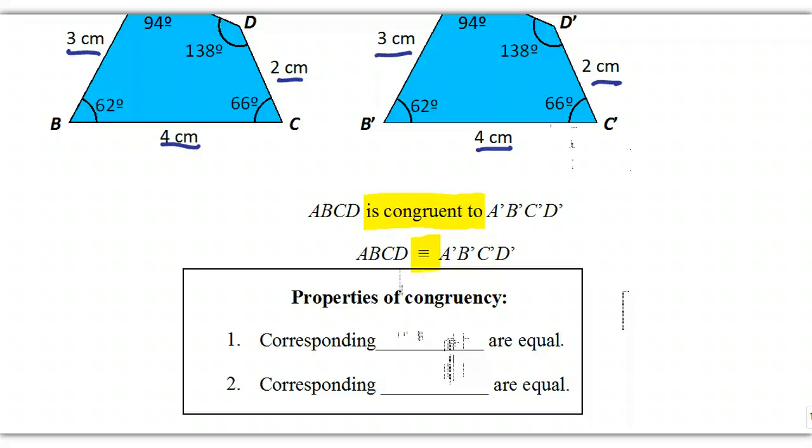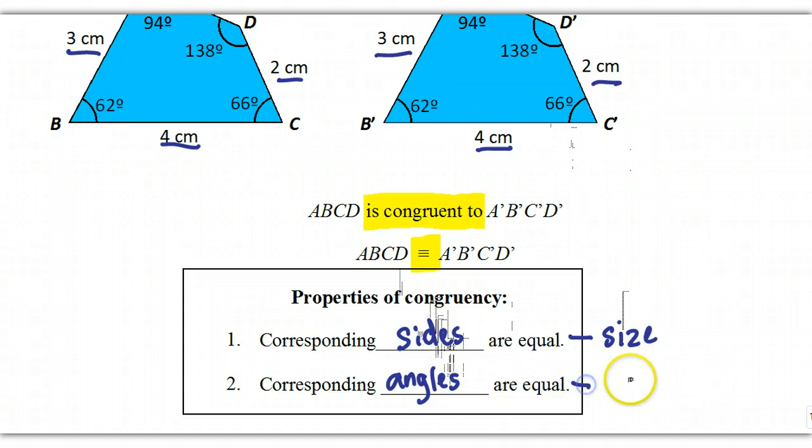Okay, so to summarize, for two figures to be congruent, we need to make sure that the corresponding sides are equal, and this is to confirm that they are of the same size, and we also need to confirm that the corresponding angles are equal, and this is to confirm that they are the same shape.